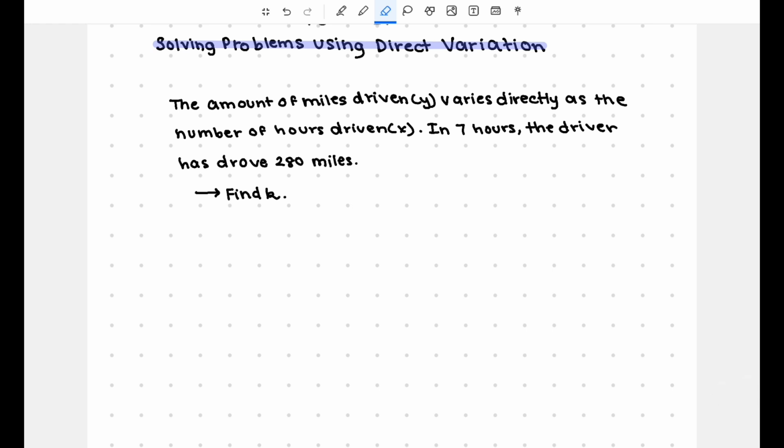But first, we want to realize that since it represents direct variation, the amount of miles increases as the number of hours increases. The first way is by using a proportion. So let's set up a proportion.